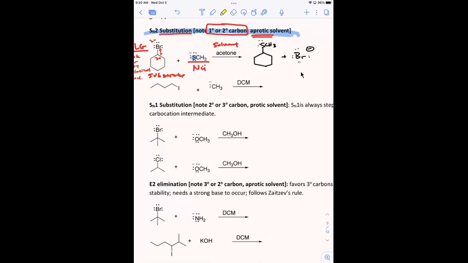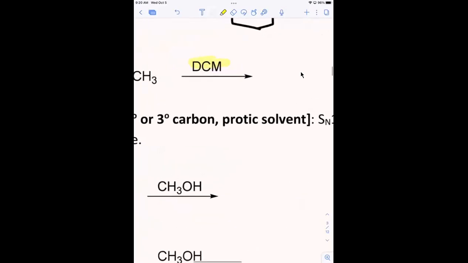No, good question. Normally the solvent does not participate. Normally your solvent doesn't react. So it matters in the sense that it's a solvent, but it doesn't matter in the sense that it's not a reactant.